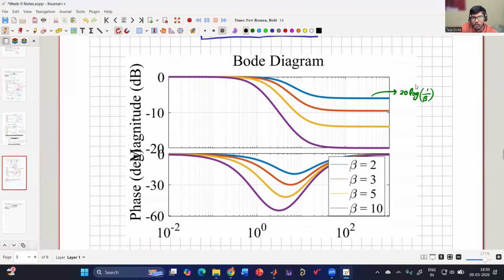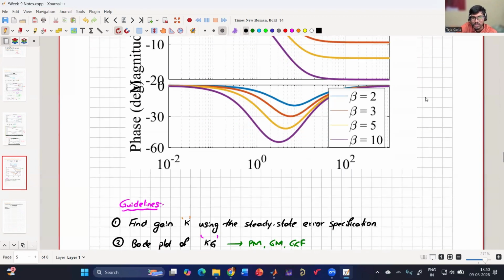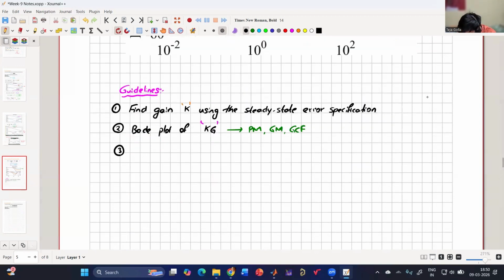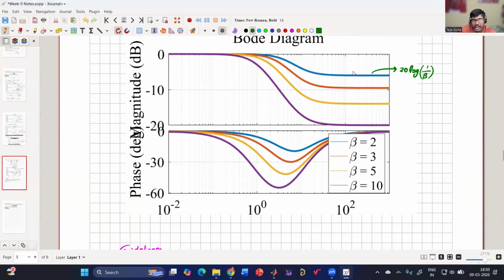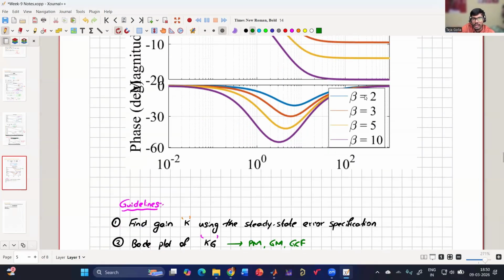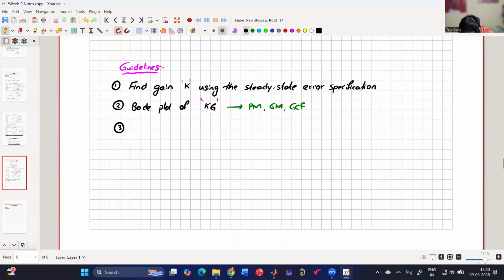So basically we have to find 20 log 1 by beta. So first we'll have to calculate beta. So from where we are calculating, we have to see how much we will be subtracting, or since this is a negative gain, this negative gain will be added to the plant. So how much negative gain will be added to the plant? That we have to check from the plant.